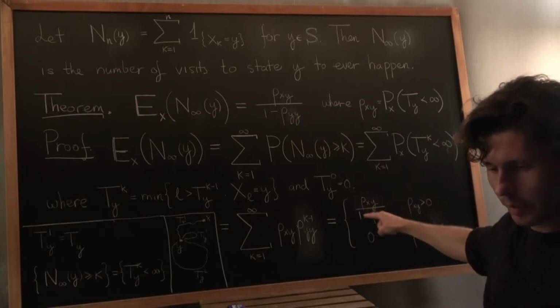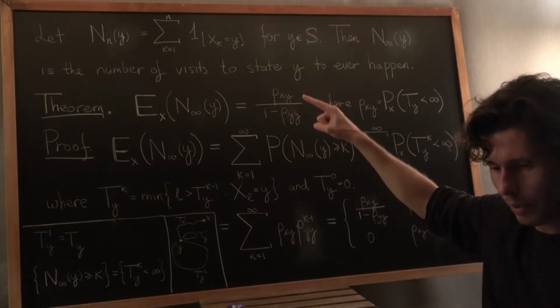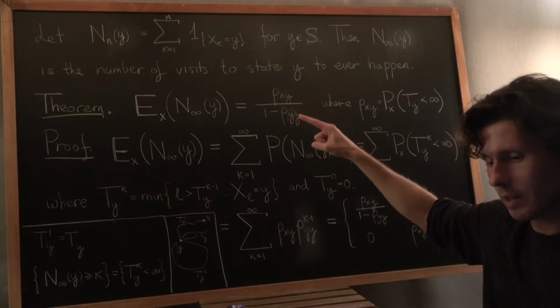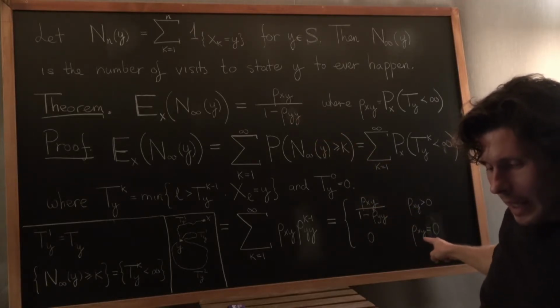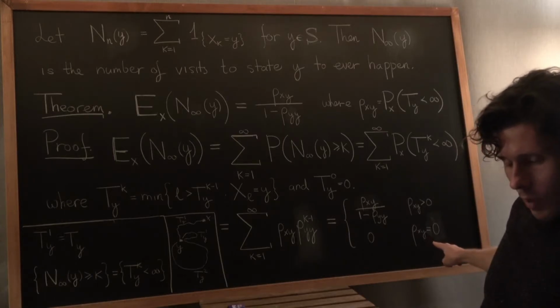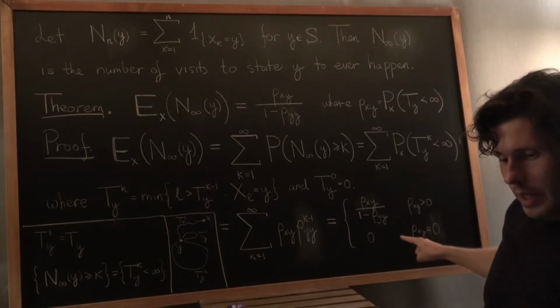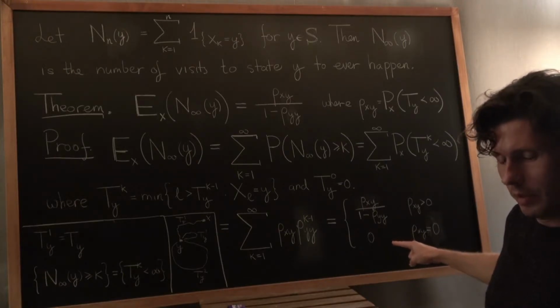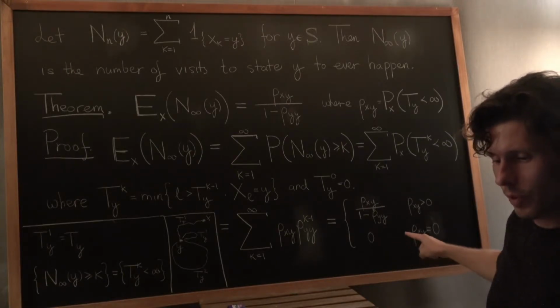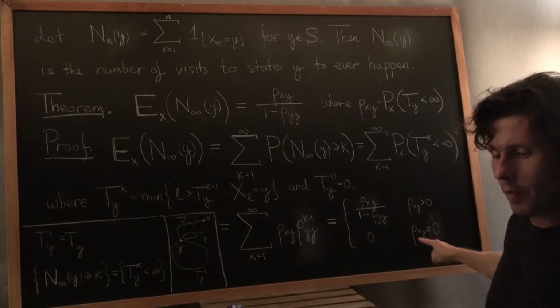And you have to be a little bit careful here. I was a little bit brief on what happens if we divide 0 by 0, so here I clear this up. When this rho_xy is 0, the expected number is 0, and here we don't even need any kind of proof. This is obvious. What does this say? This says that the probability of reaching y from x in a finite number of steps is 0.